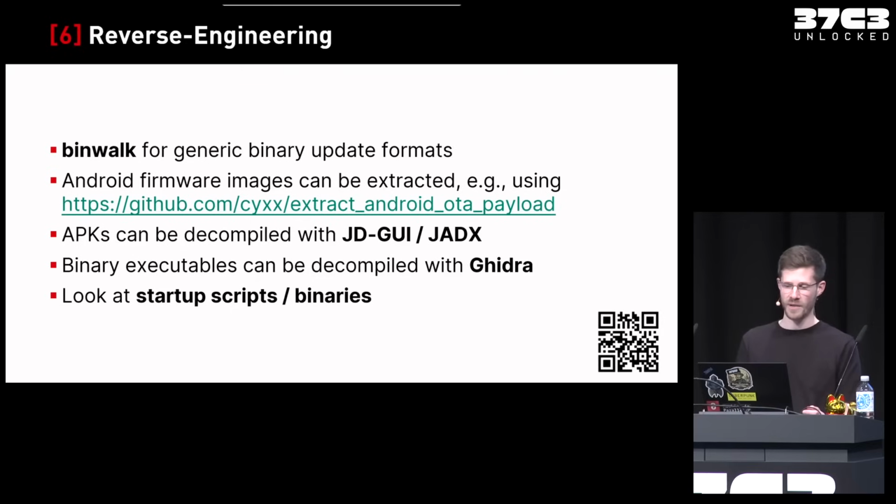We can use Java decompilers to reverse any Android application files back to their initial Java source code. And with Ghidra, for example, we can decompile executables into a somewhat readable representation of the initial source code. Also we can look at the file system and see if there are any startup scripts or services, which are most often very interesting as well.